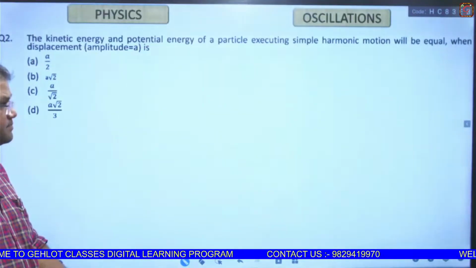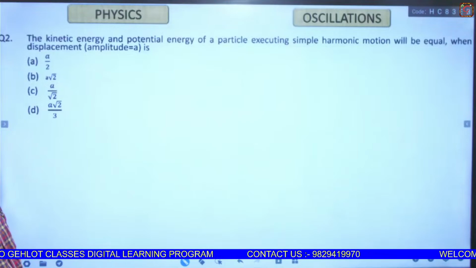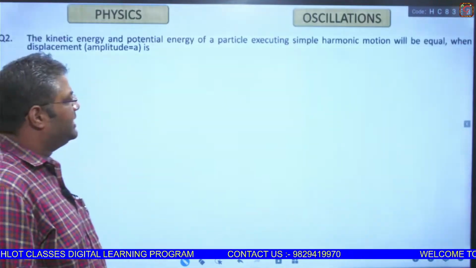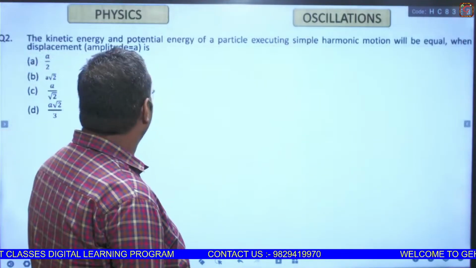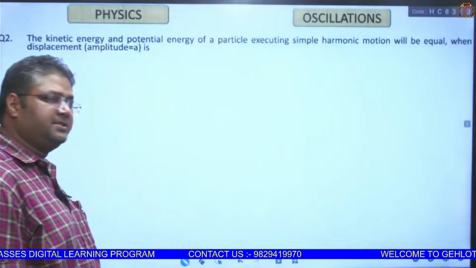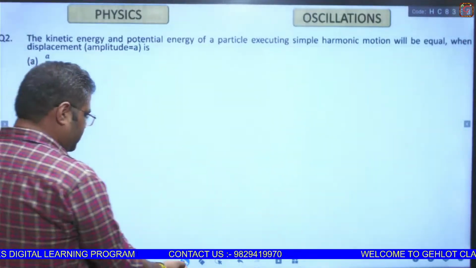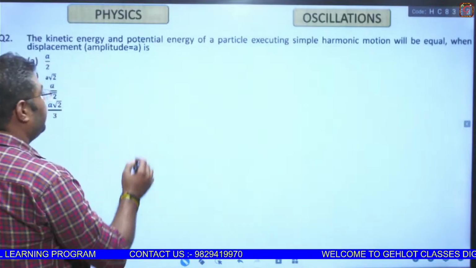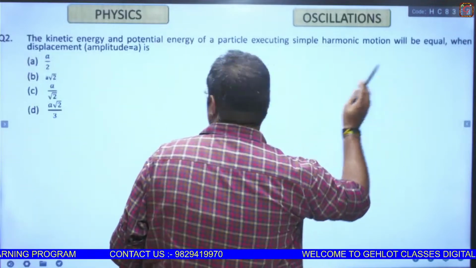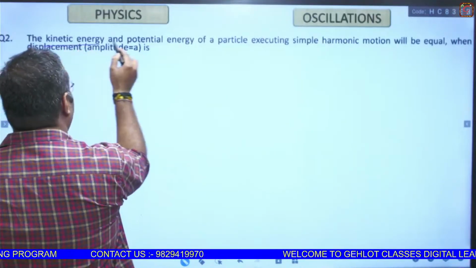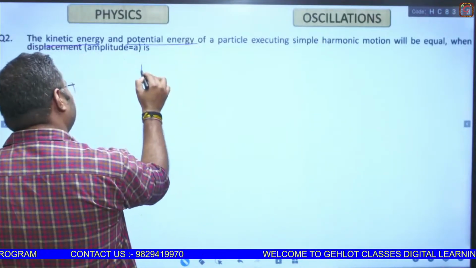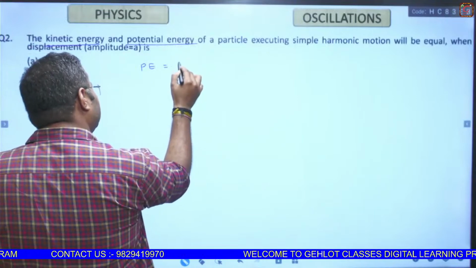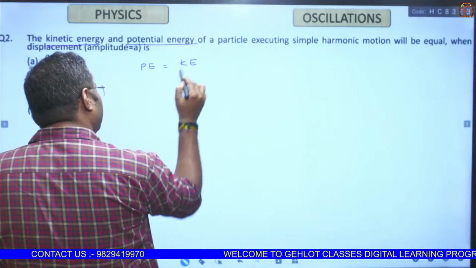Now the kinetic energy and potential energy of a particle executing simple harmonic motion will be equal when displacement is. Okay. So in this question, the potential energy and kinetic energy are equal. So basically potential energy is equals to kinetic energy.